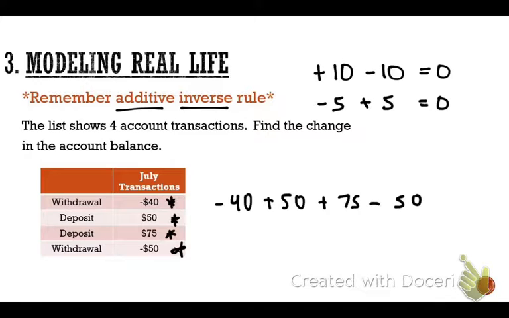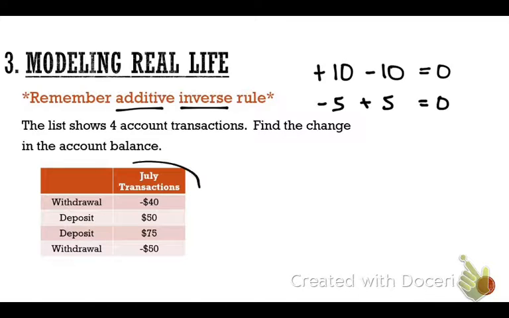Remember, properties are shortcuts that help us. Instead, I can use my additive inverse, and there is something over here that I could get rid of. Do you guys see any opposite numbers in there? Which ones are opposites here in this box? 50 and -50. Guess what I can do with those? Cancel them out. Those equal 0, and now I don't even have to use those numbers.